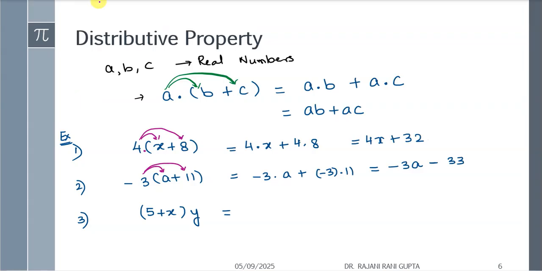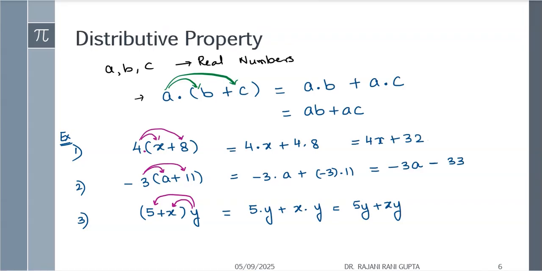So no need to worry. Same thing. The term which is in multiplication will get multiplied with both. So this gives you 5 times y plus x times y. That is 5y plus xy. Okay, clear?